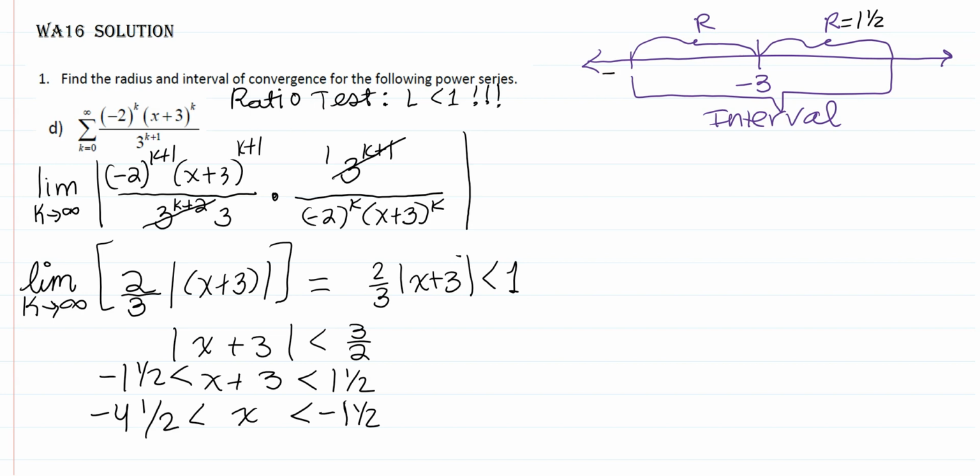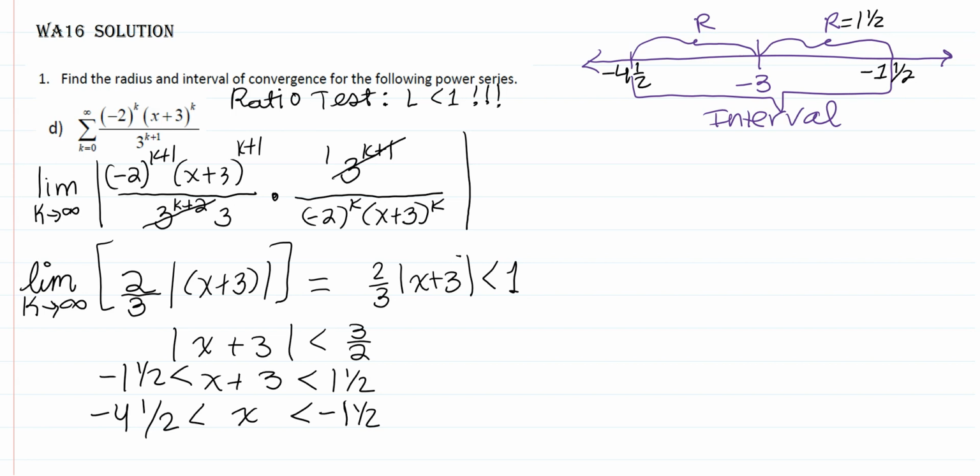So these are the numbers here, -4.5, and this is -1.5, which means you have gone out from the left and to the right of -3, 1.5 units. That means the radius of convergence is 1.5.